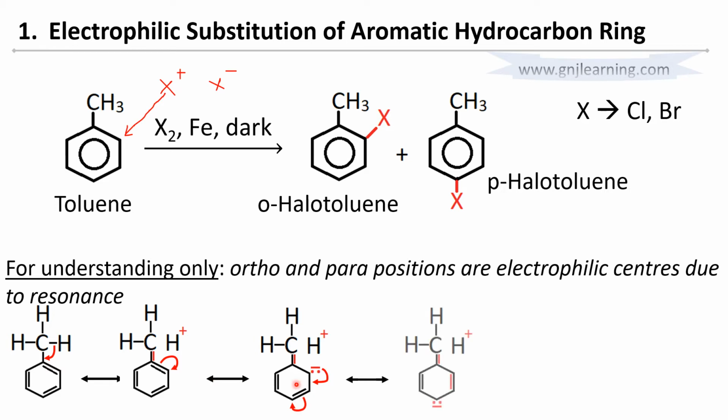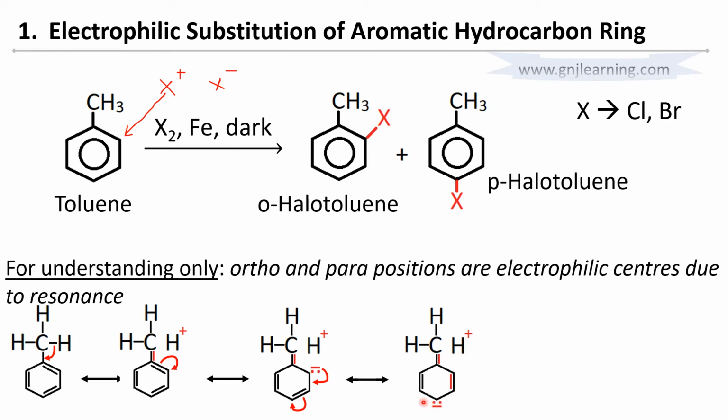So what happens? Let us see. This has become a double bond, you can see here, and this double bond has shifted to this carbon. Now which carbon is electrophilic? This is the para carbon. So here the ortho carbon is electrophilic, and this para carbon is electrophilic.